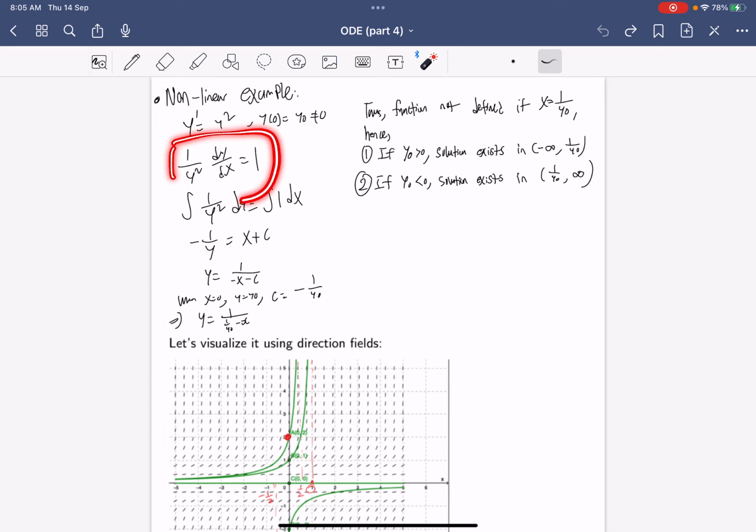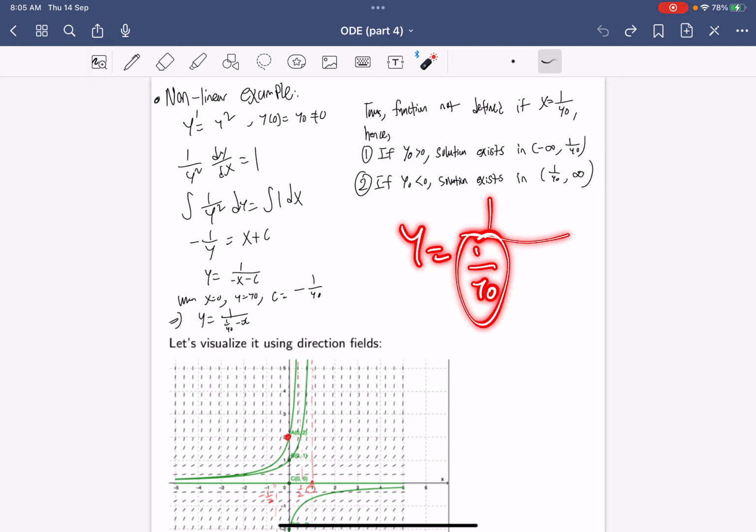So this is 1 over y, and when you integrate it, in the end you'll get that y equals 1 over y naught, which is the reciprocal of the initial value, minus x. And thus the function is not defined at x equals 1 over y naught. If y naught is larger than 0, then the solution exists in this interval, and if it's less than 0, then it exists in this interval.